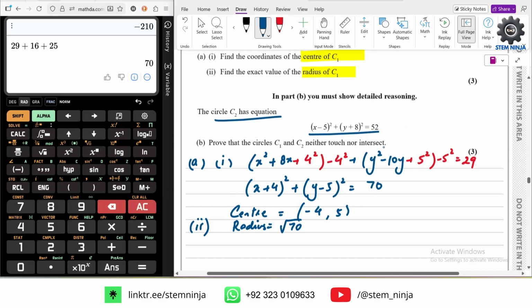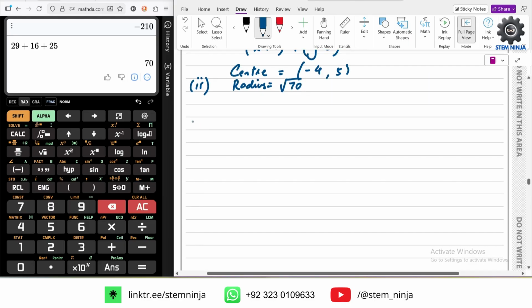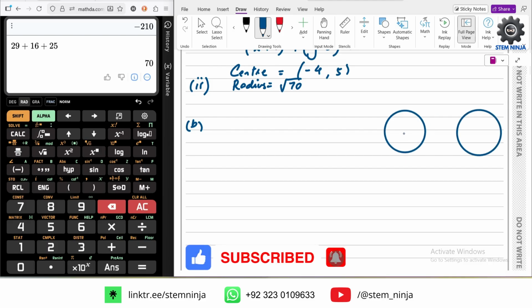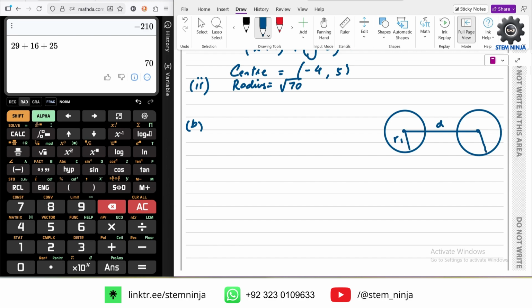So this is very easy. If the two circles are not intersecting, the distance between their centers, let's call it D, is greater than the sum of the respective radii.